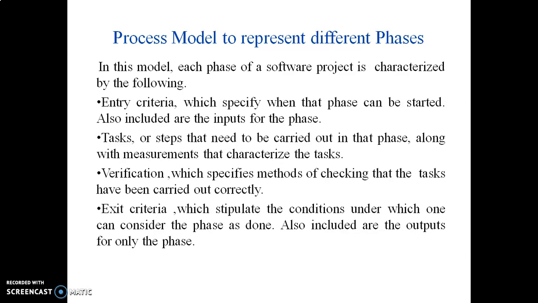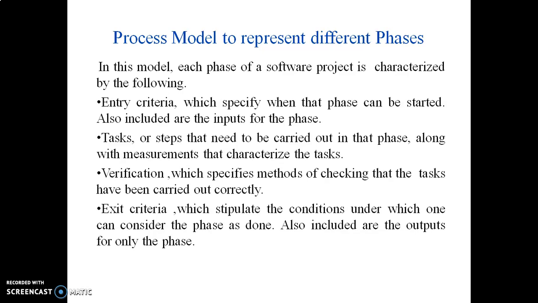The next one is task. Tasks are steps that need to be carried out in that phase along with measurements that characterize the task. A task is nothing but the functions that need to be carried out in that phase. Next is verification, which specifies methods of checking that the tasks have been carried out correctly.